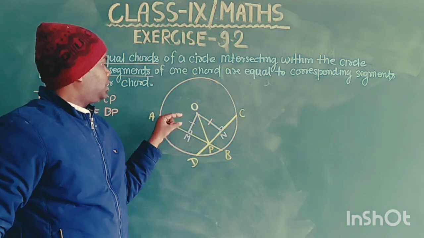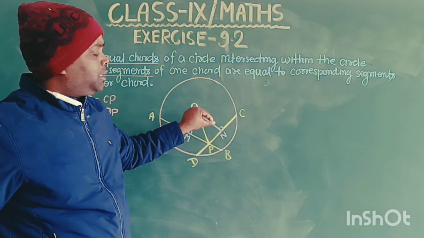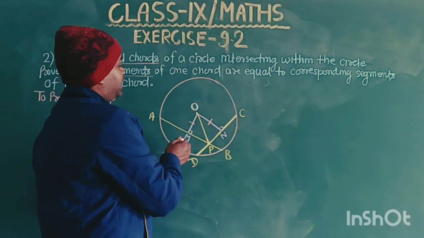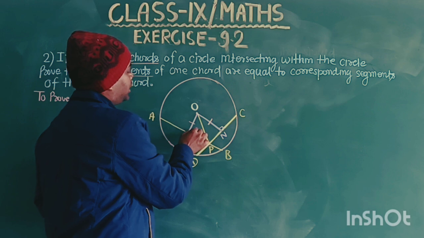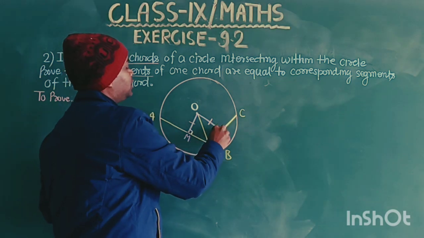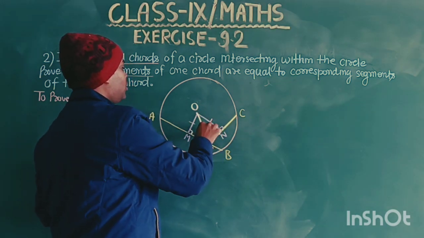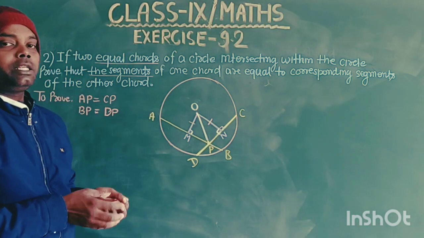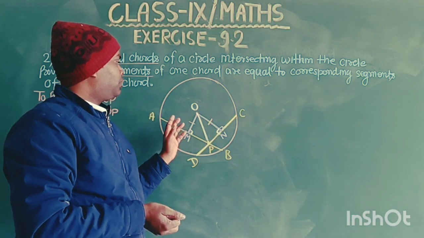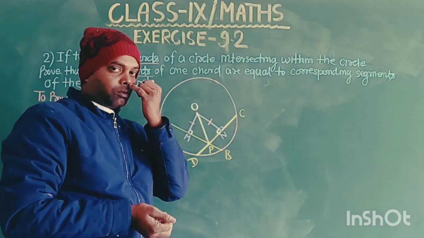And second, this angle is 90 degrees in both the triangles, and we have OP common. So by RHS congruency criteria, these two triangles are congruent to each other.